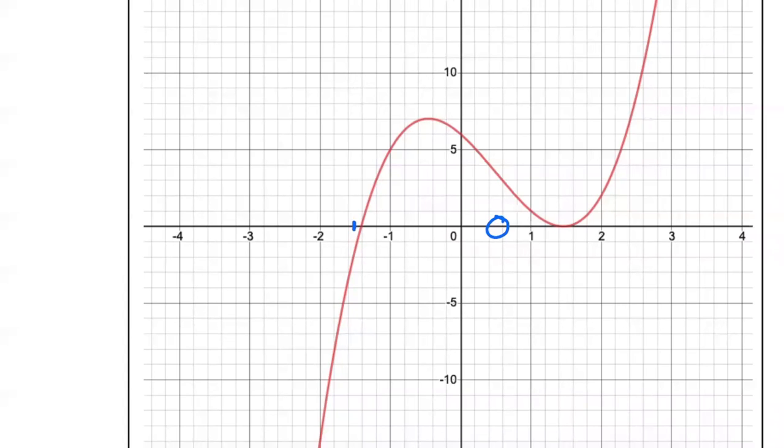Okay, maybe what about a +3/2? That would be somewhere there. Maybe that one's the closest out of the guesses. So if we had x equals 3/2, what would be the factor that goes with that?